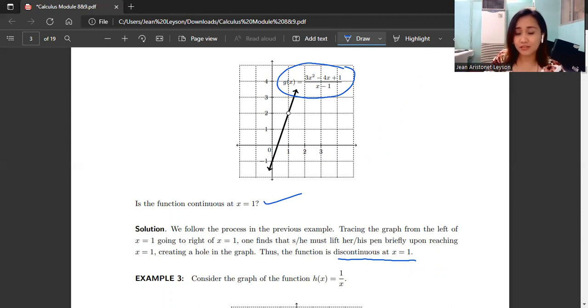In the case that x is equal to 1, our function will be undefined, meaning at x is equal to 1, our function is not defined. So that's not included in the domain, meaning the function is discontinuous at x is equal to 1. I hope that's clear.